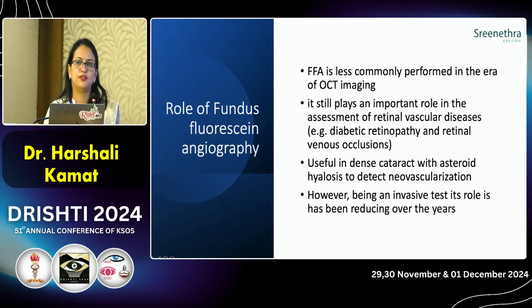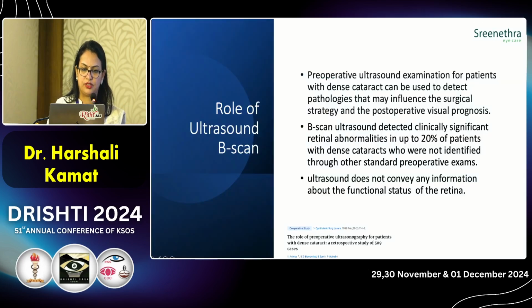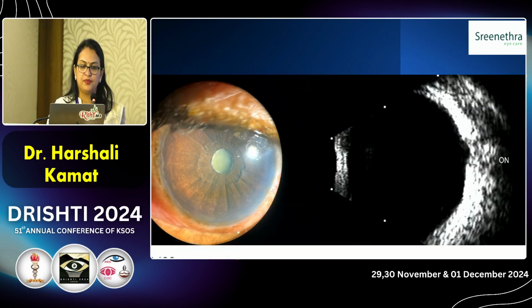The role of fundus fluorescein angiography is not too common and can be considered in cases of dense cataract with asteroid hyalosis if you are suspecting neovascularization. B scan can be done in dense cataract, and in cases such as anterior segment coloboma, you may find an underlying retinochoroidal coloboma along with retinal detachment.